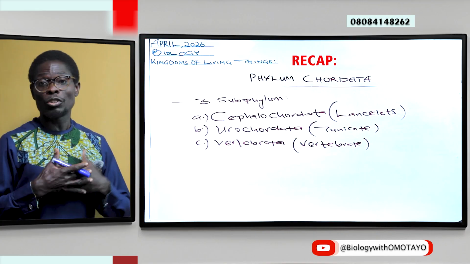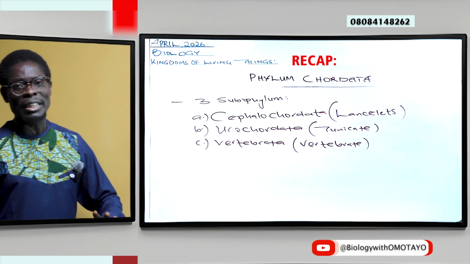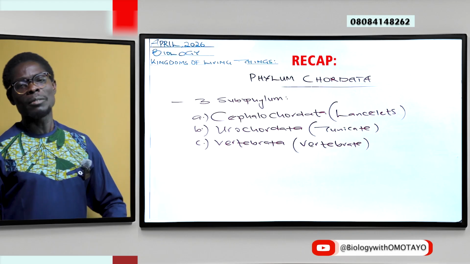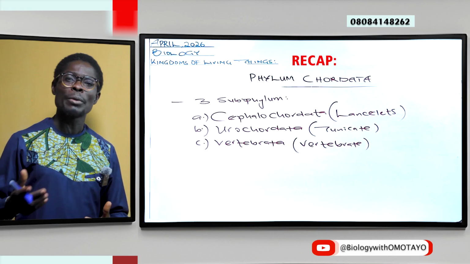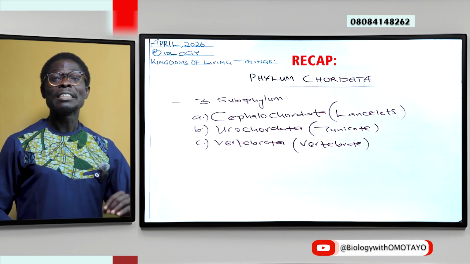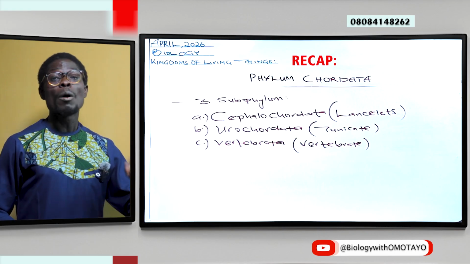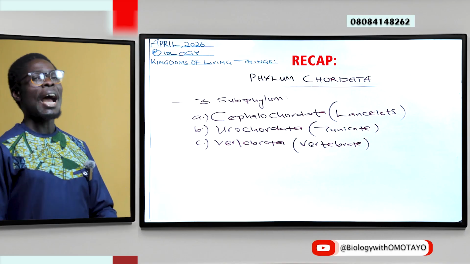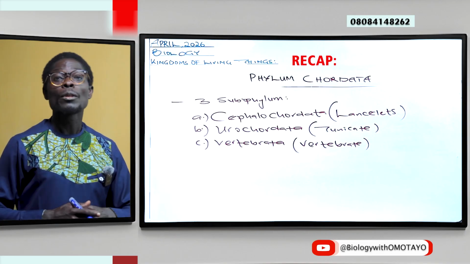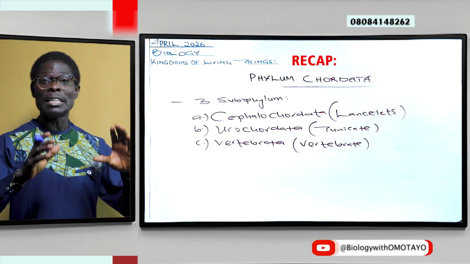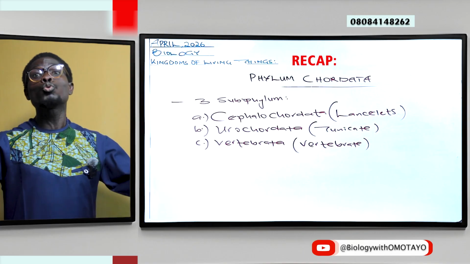Our area of interest with regards to our curriculum content when it comes to our exams, the NECO, the WAEC, the UTME, other medical exams, and biological based exams, is basically the subphylum Vertebrata. And last class as well, we established that this subphylum can be split into 2 divisions.